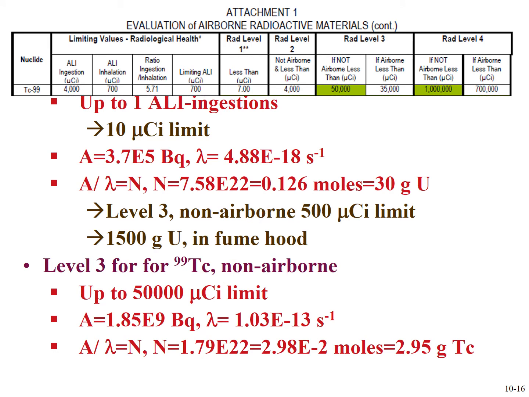We run our calculation. We convert that to becquerel. We use the decay constant for technetium-99. We get 1.8 times 10 to the 22 atoms, so many moles, and it actually works out to be about 3 grams of technetium.